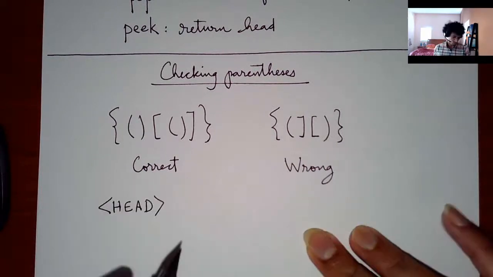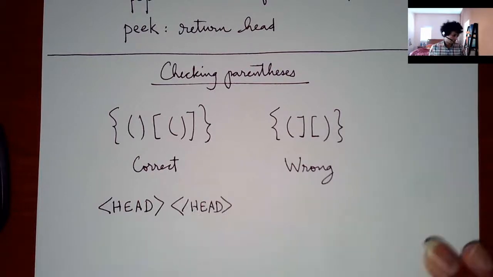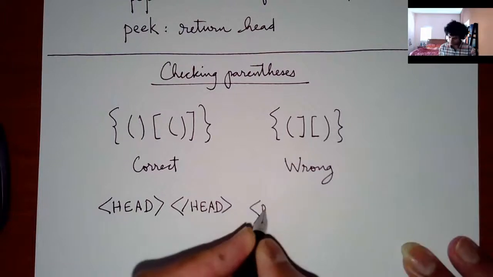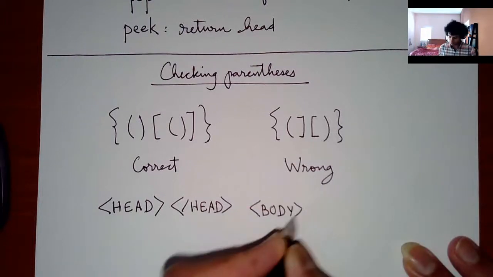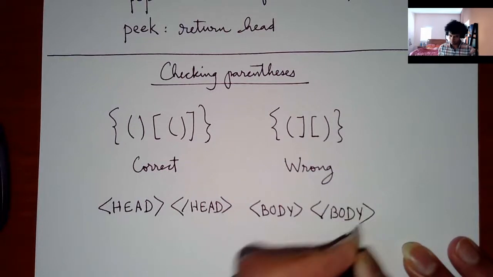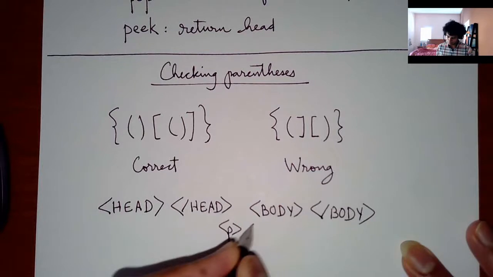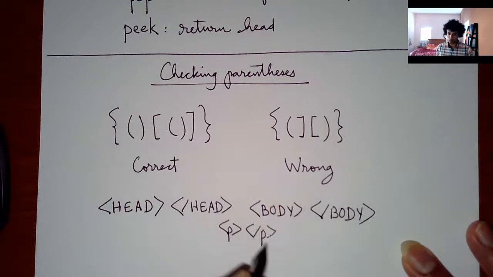And then usually you close. So HTML, XML, these sorts of markup languages often have these tags, right? And then within this you might have paragraph, so on and so forth. Yes?